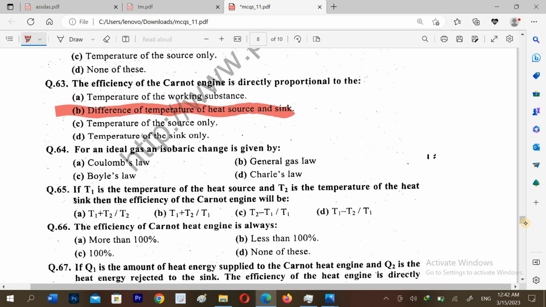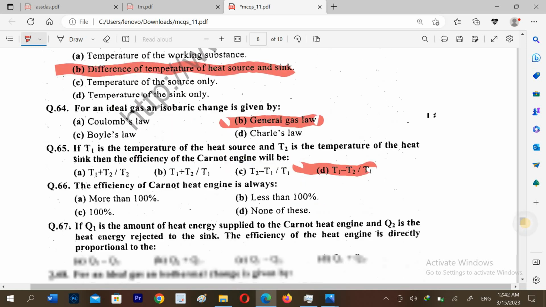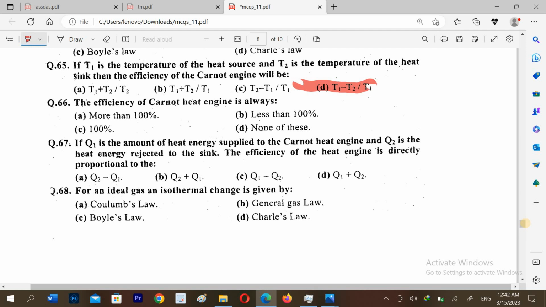For an ideal gas, an isobaric change is given by D. If T1 is the temperature of the heat source and T2 is the temperature of the heat sink, then efficiency of the Carnot engine will be... D. The efficiency of Carnot heat engine is always... Sorry, C. The efficiency of Carnot heat engine is always less than 100%.